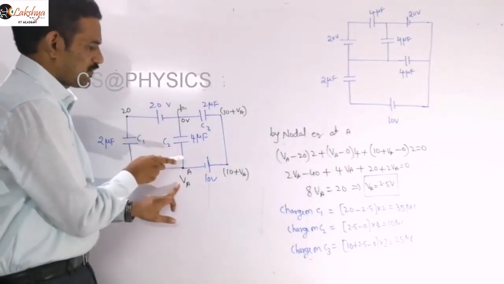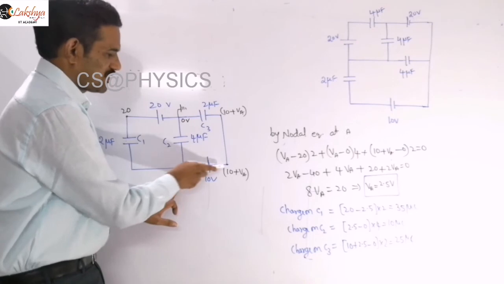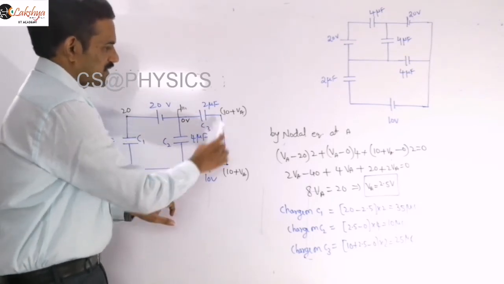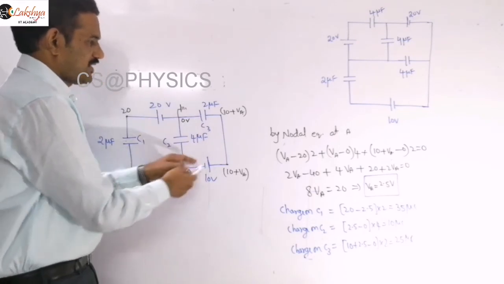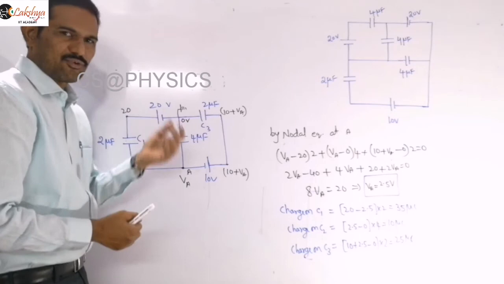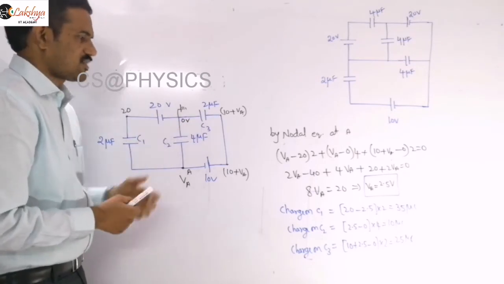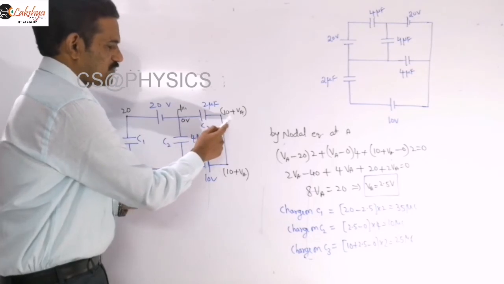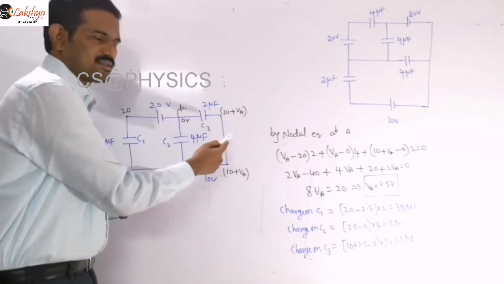And next, the important thing is, see here in this path the cell is there, the capacitor is not there, then the capacitor is connected here. So here we just need to write how much charge is stored on this, or how much charge is flowing along this direction. That means no capacitor is there here, but this potential is 10 plus VA.